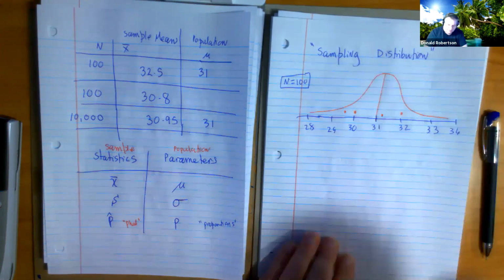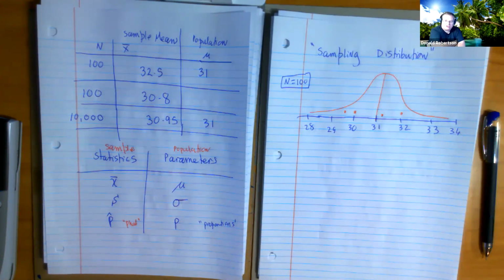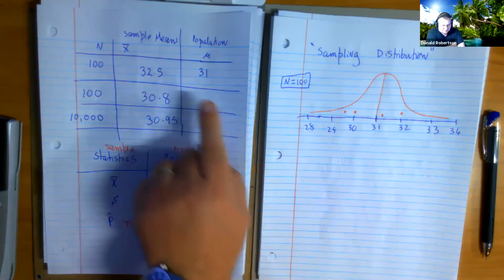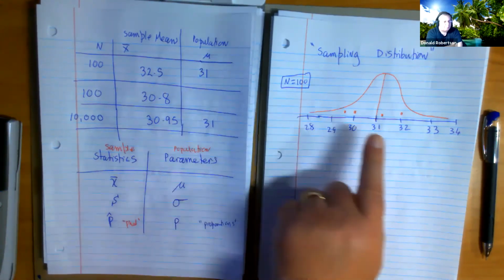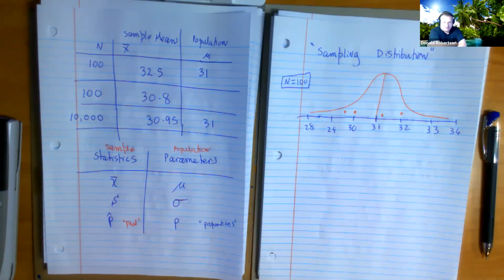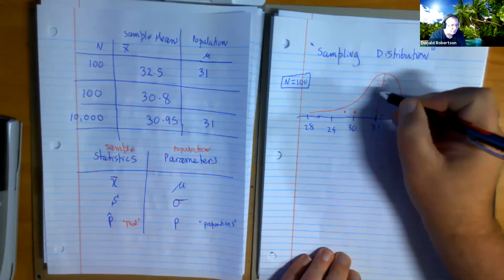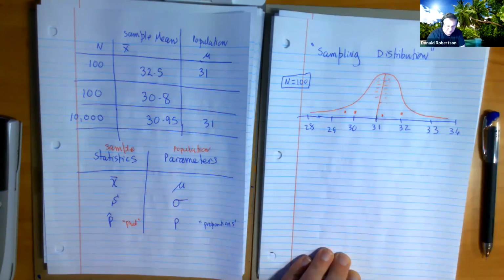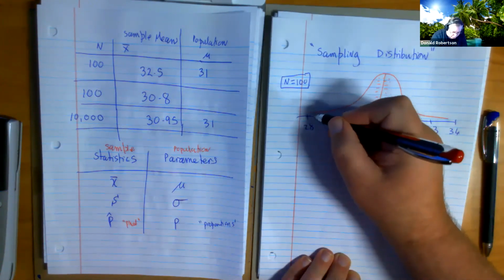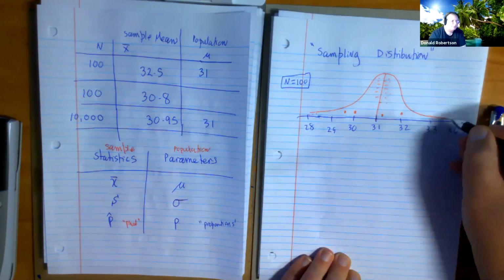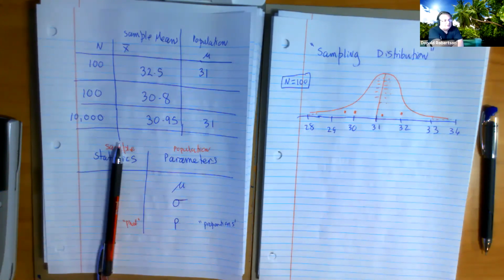Do you know the highest place in that shape would be at 31, where the population value lives? And won't you get lots of answers very close to the right answer? But won't you sometimes get some really weird ones which are miles away from the right answer?